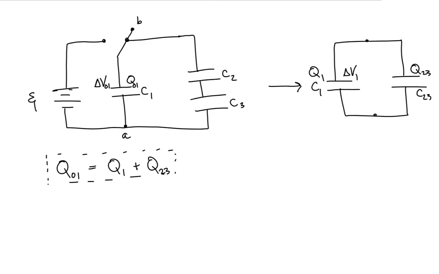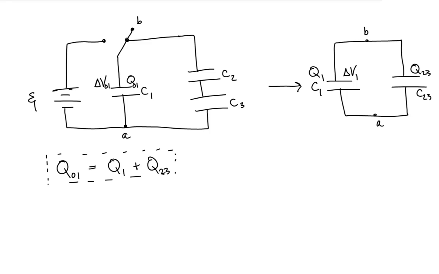Okay, so what do you think we could do with this right here? Well, let's write some other information that we might know. If I call this point A and I call this point B, then capacitor 1 is in parallel. You could consider it to be in parallel with capacitors 2 and 3.